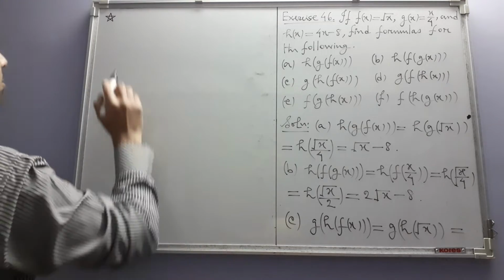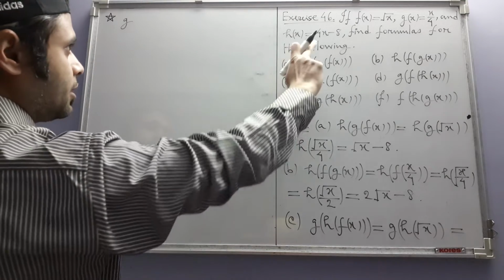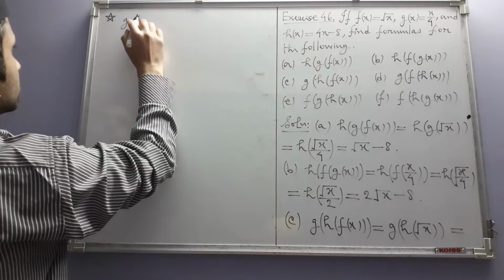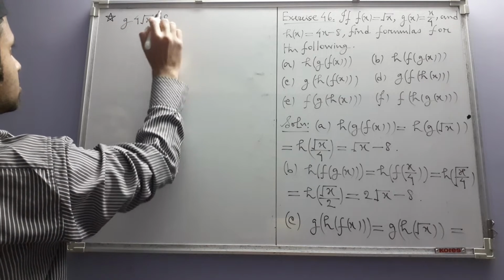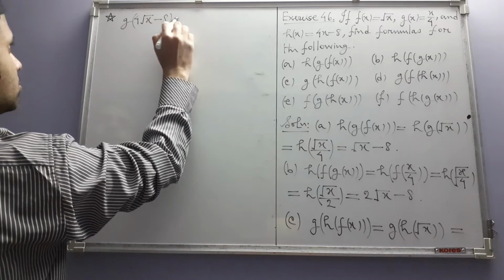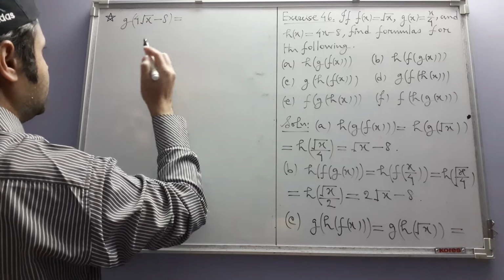So that means g is there outside, h is this, 4 root x minus 8, and for g we will divide by 4.